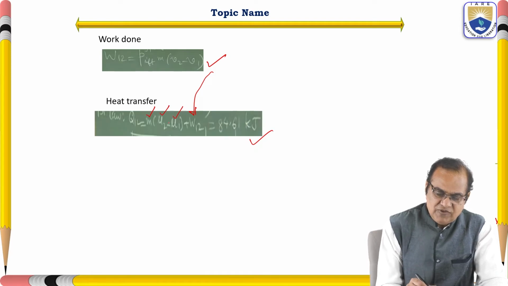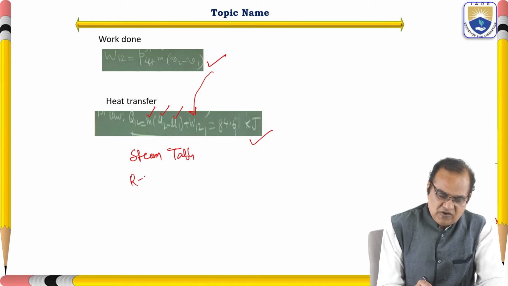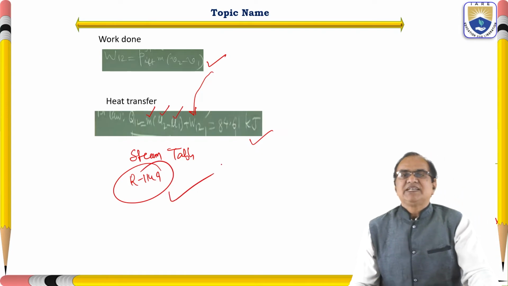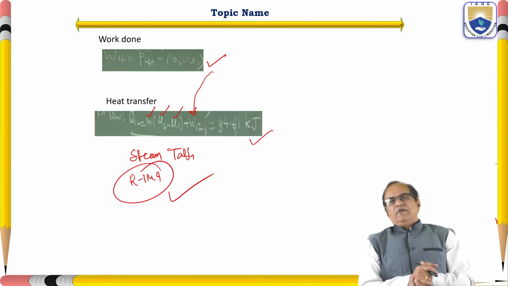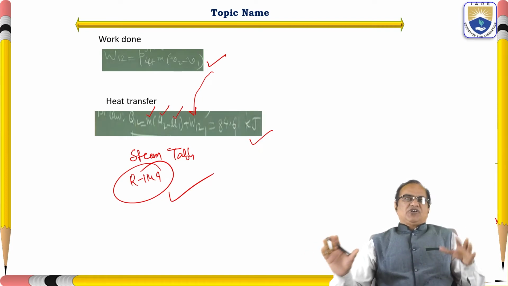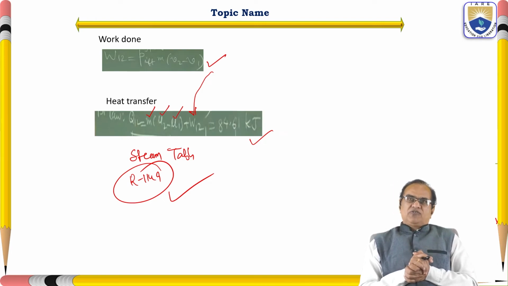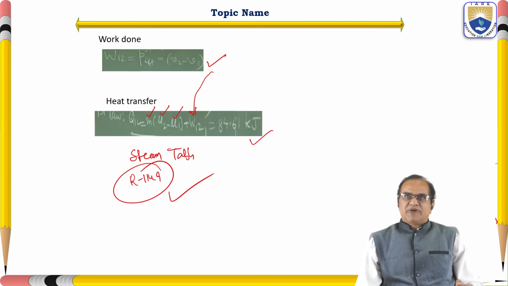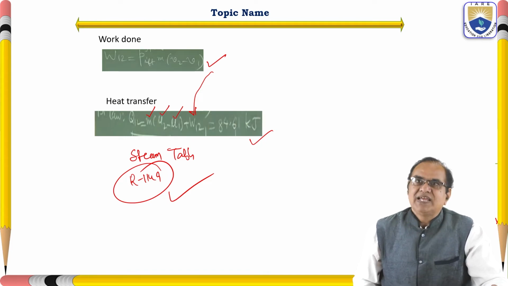All the values we will get from the steam table or the refrigerant table. Here we have R134a. So from there we can get it, and if we put these values, we will get the value of heat transfer. We will get the value of work done. So all these things we can find out, and we have got the answer as 84.61 kilojoule.